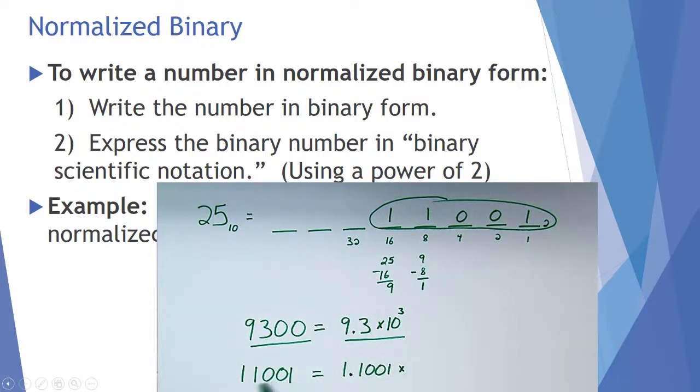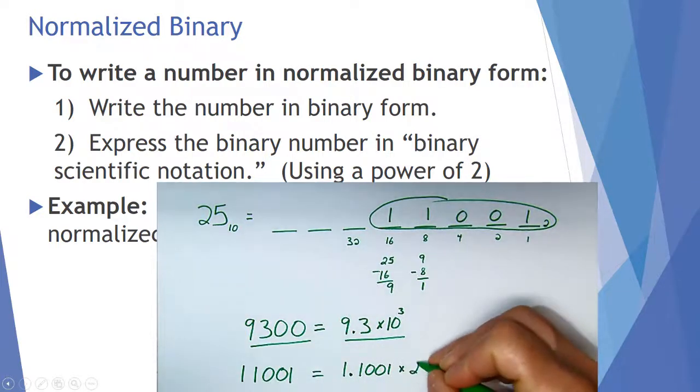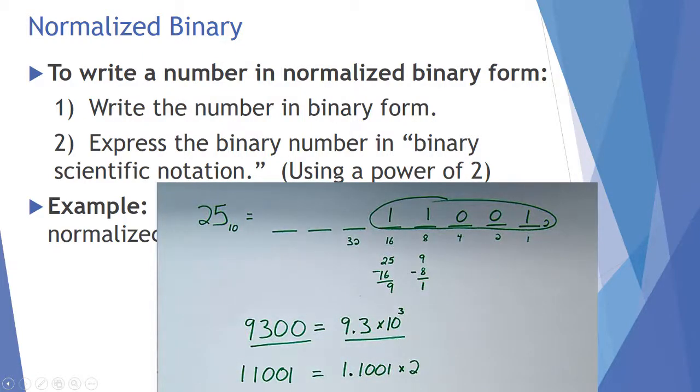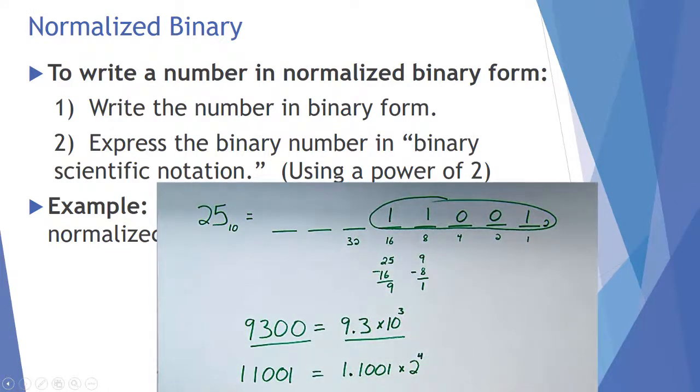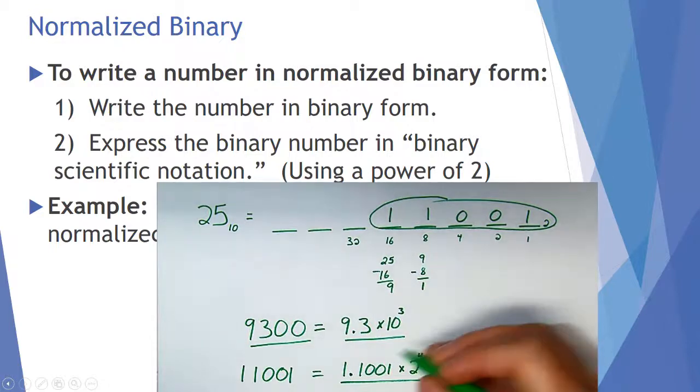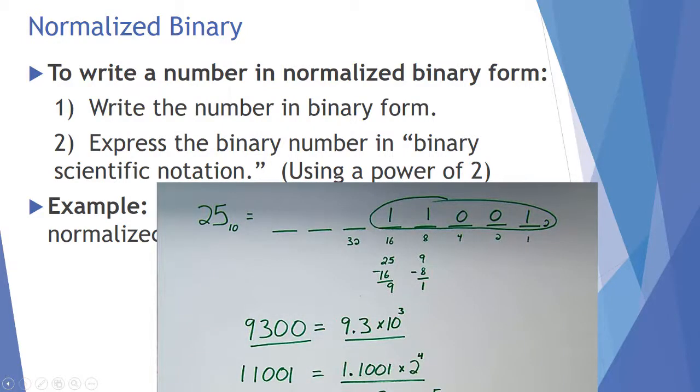Here, in binary, these are all powers of 2, so that's why I like to call it binary scientific notation, so it's times 2, and since this was a bigger number than 1, we moved it 4 binary places. We get 1.1001 times 2 to the 4th. And that's it. This is normalized binary form. Let's do another example of that.